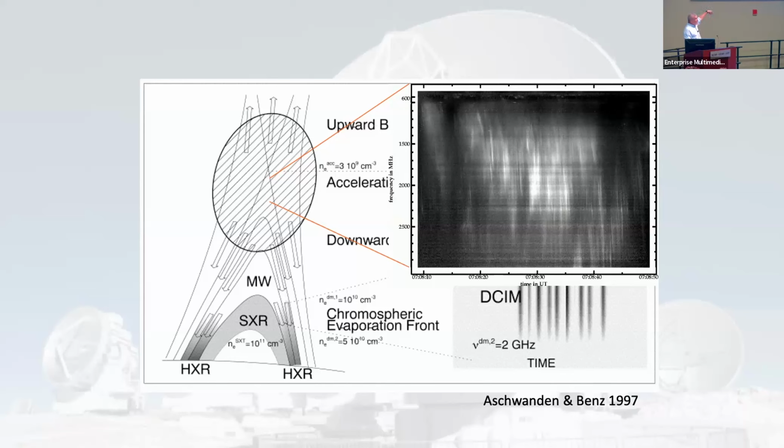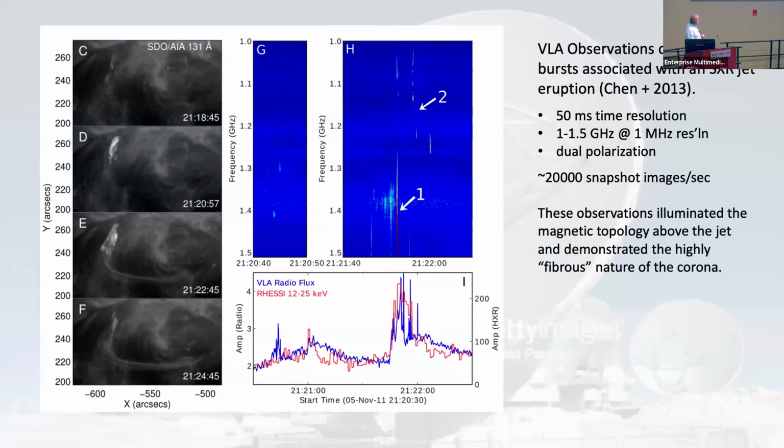Those going down, you can maybe see in a spectrograph, and you may see the hard X-ray signatures, they splash down. My student at the time, Bin Chen, was commissioning the VLA for solar, and we observed the sun at 50 millisecond time resolution, 1 megahertz spectral resolution, and 2 polarizations.